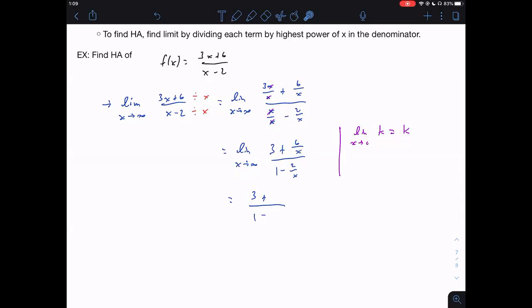What happens to a fraction if the top stays the same but the bottom gets bigger and bigger? Well, as x gets bigger in the denominator, 6 divided by x will get closer and closer to 0.